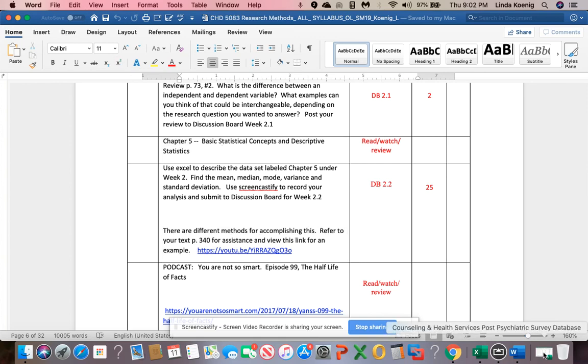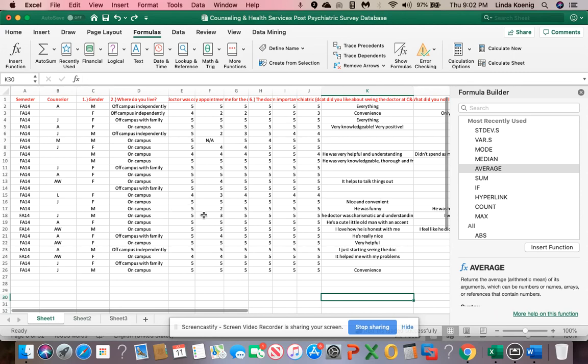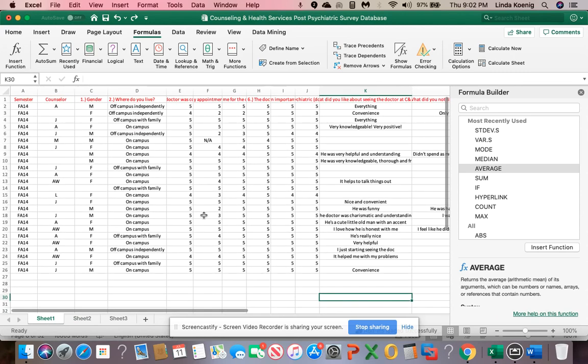Some of the questions seem to be around the fact that this data set contains data that is not just numbers. So when we look at this, we've asked a lot of questions, and some of the answers are in words. Some of it is ordinal data, as you see here, E, F, G, H, I, J. These columns are ordinal data.